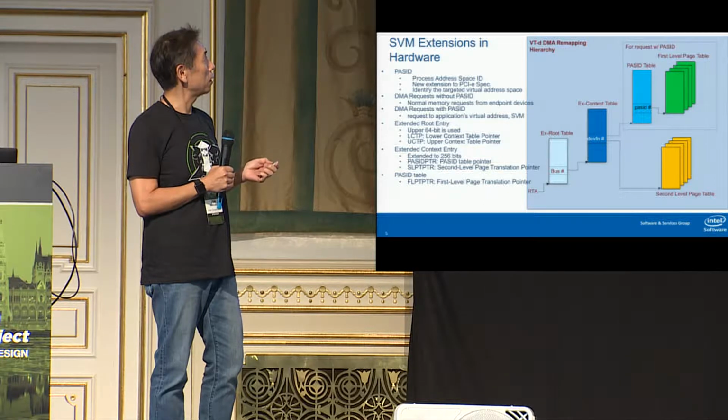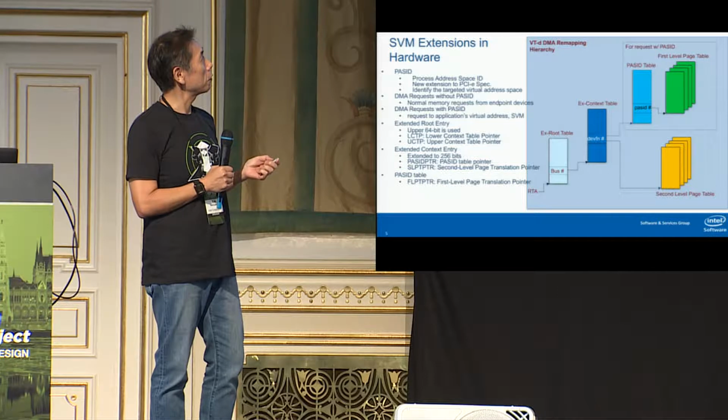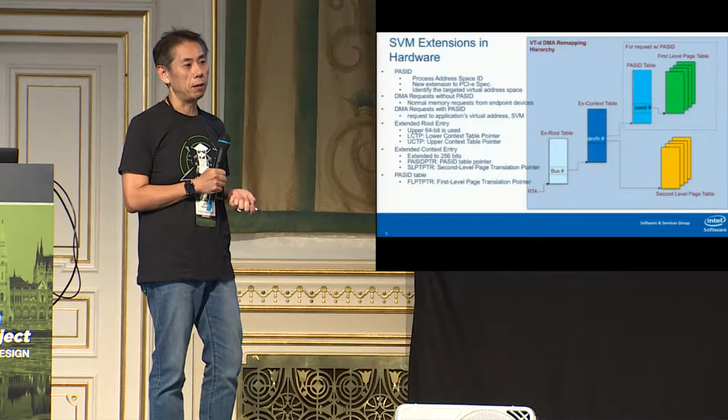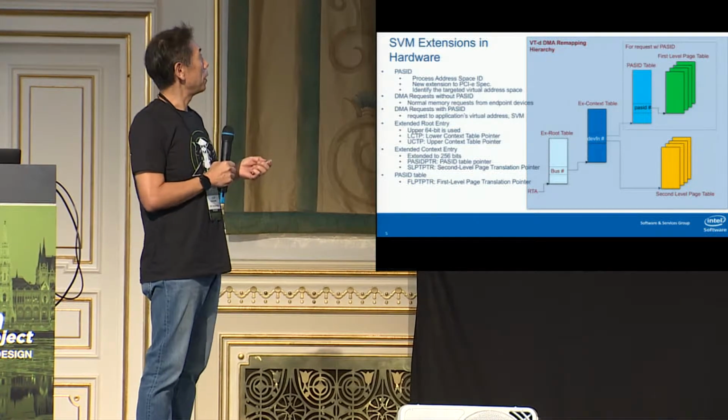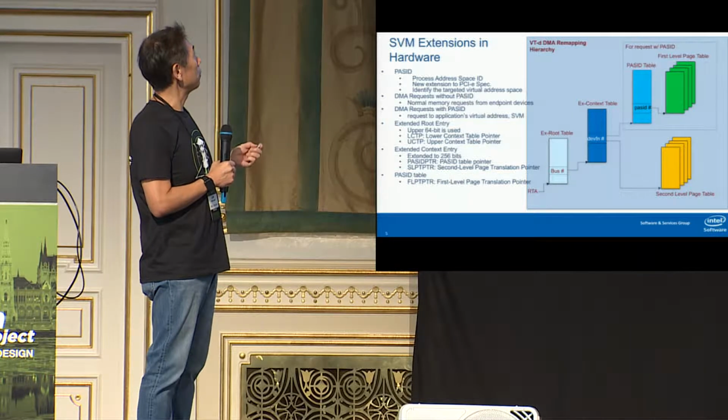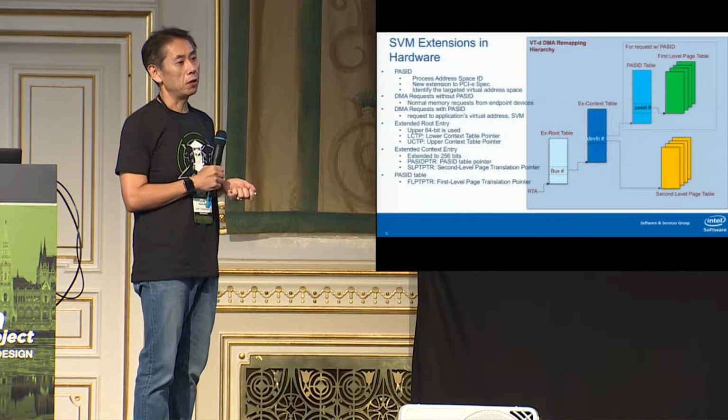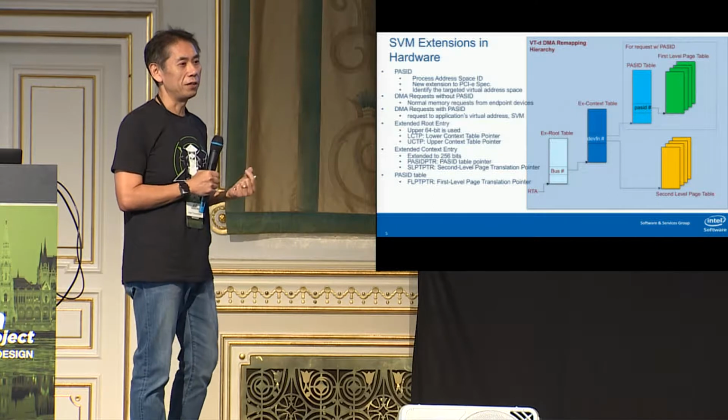What we extended was this one, so it is extended to point to the first level page table. Basically, this is the x86 page table. The extension is coming from the PCIe spec, so this is not really Intel stuff.